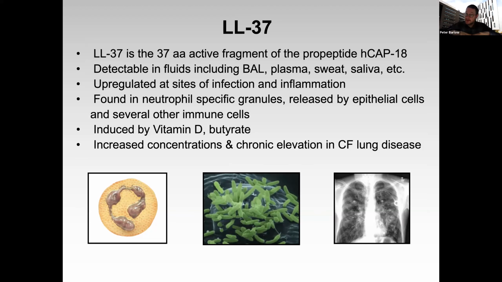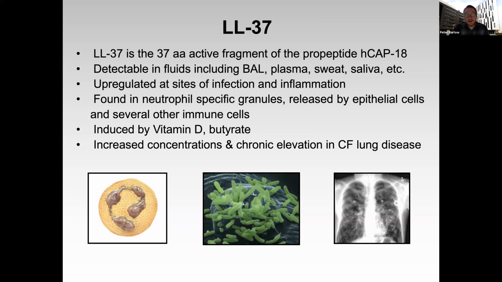The neutrophils degranulate, they release all their contents into that area, and the enzymes present on the surface of the neutrophils will cleave the peptide and make it become active. You can find the peptide in most fluids found in the body, like lung fluid, plasma, sweat, saliva, tears. It's pretty much found everywhere in the body.